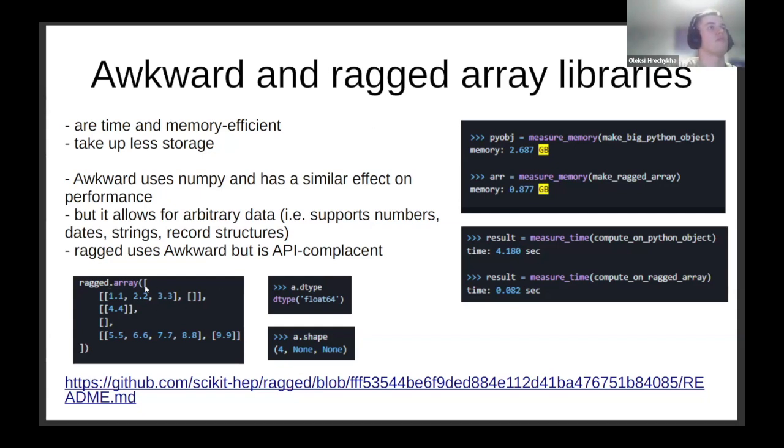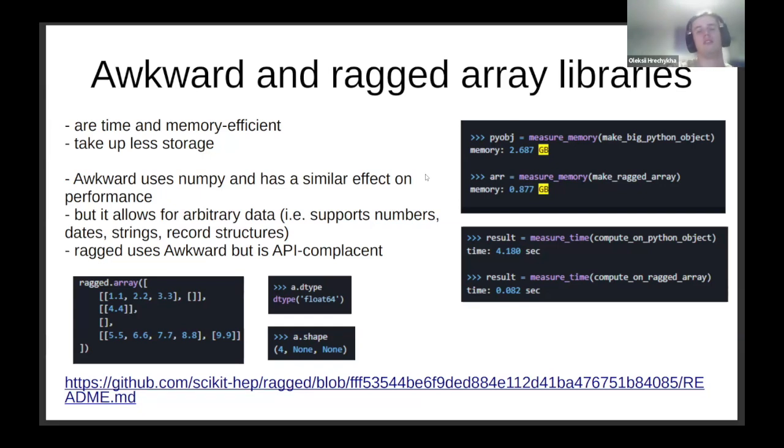So a ragged array may look like this. It's just an array which consists of lists of arrays of different lengths. And another difference from awkward is that it only allows for numbers. So both of these array libraries are a lot faster than working with Python objects.